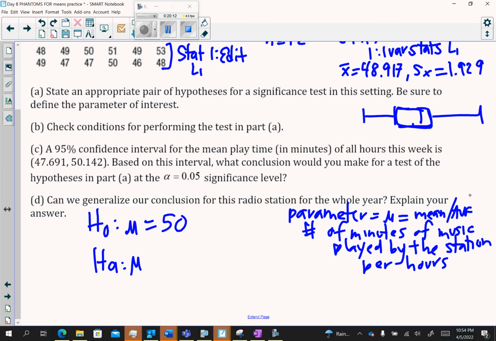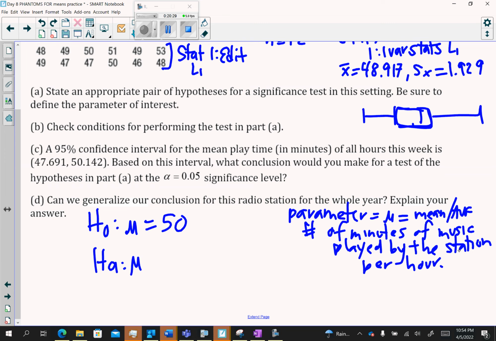All right, so hopefully you said that somewhere. The population is, I think, the hours of the radio station, because we said they chose a random selection of hours played of music from the radio station.